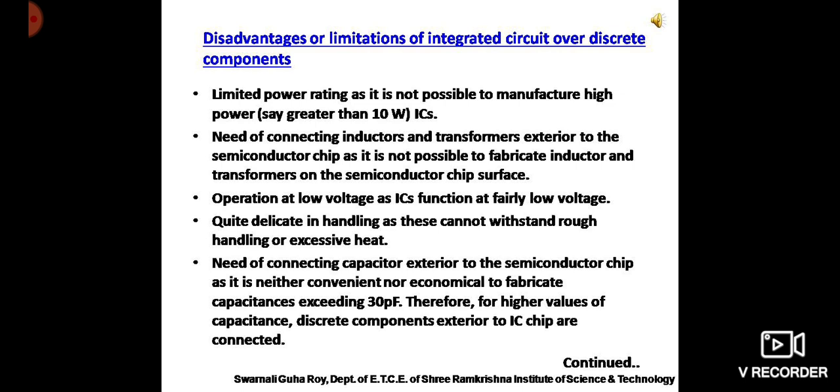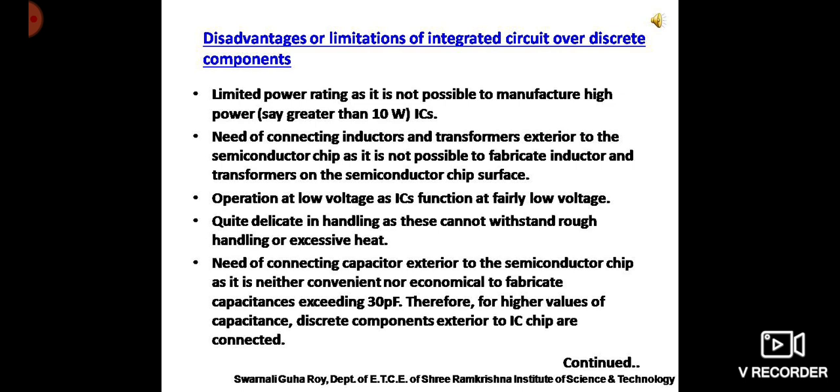Another point is that there is a need of connecting capacitors exterior to the semiconductor chip, as it is neither convenient nor economical to fabricate capacitances exceeding 30 picofarad. This point is very important, because we can fabricate capacitors in IC form, but if we are to fabricate capacitors of value greater than 30 picofarad, it is not possible in IC form.